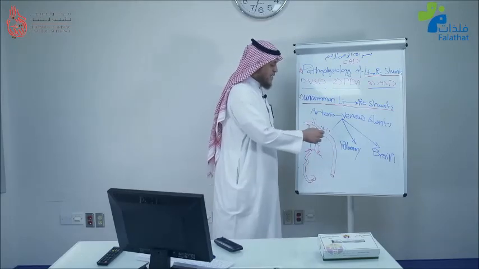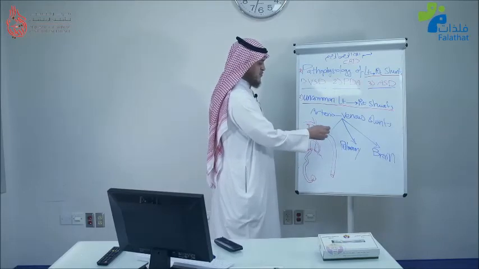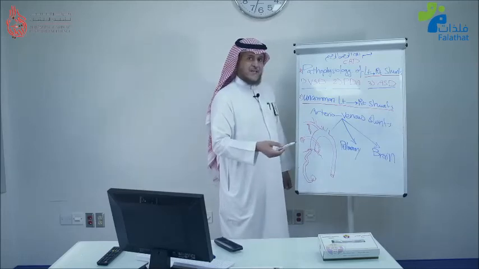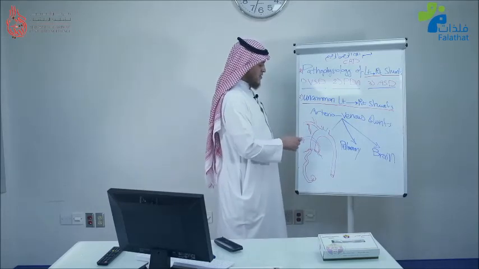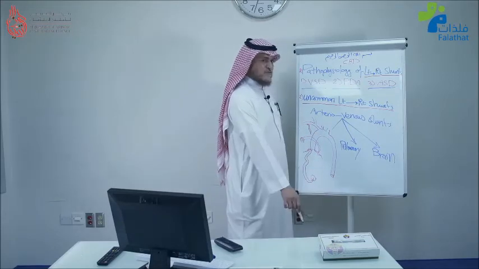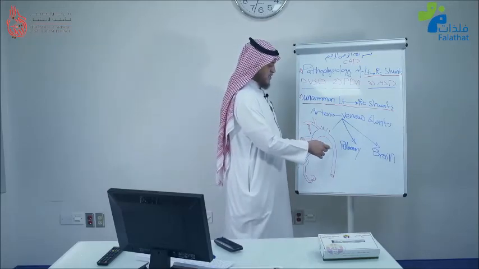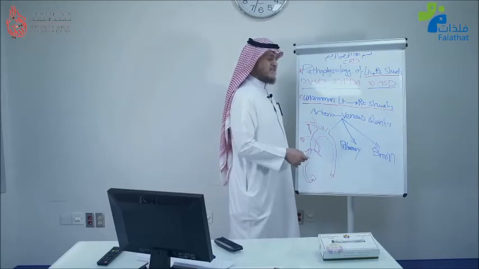So any branch from the aorta can give an abnormal fistulous connection, an arteriovenous connection from an artery to a vein, down to the furthest branch, whether it's the celiac, the superior mesenteric, or the iliacs.